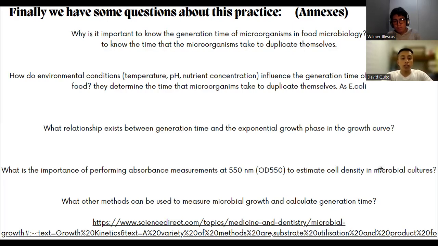The fourth question is, what is the importance of performing absorbance measurements at 550 nanometers to estimate cell density in microbial cultures? In this case, it exists for three different reasons: colorimetric characteristics, optical wavelength, and calibration and comparison.